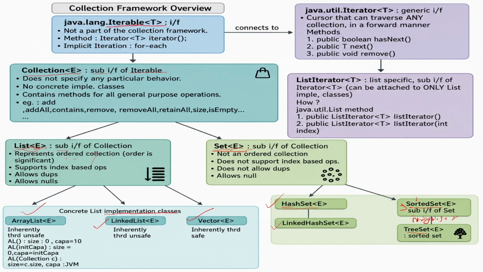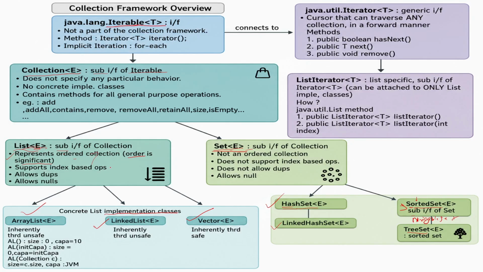The list will remember the order 10, 20, 30. In the first position of the list, 10 will be stored, in the second position 20, and in the third position 30. So it remembers the order of insertion. So order is significant in list. This is one property, one functionality of list.